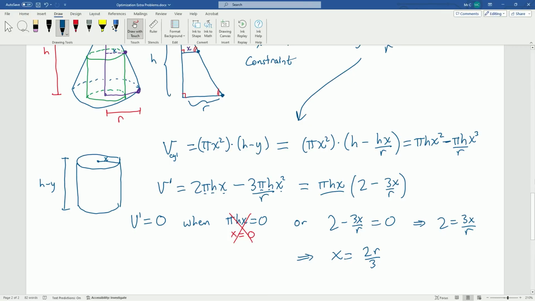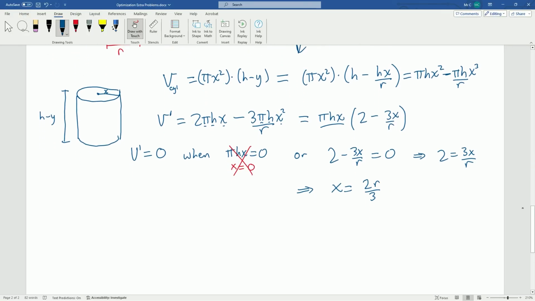Now, of course, the question was to find the largest possible volume of this thing. So we're going to have to take this value for x and plug it into the volume formula. And of course, we're going to use the volume formula that we wrote strictly in terms of x. We can use this one here at the end. Pi h times 2r thirds squared minus pi h over r times 2r thirds cubed.